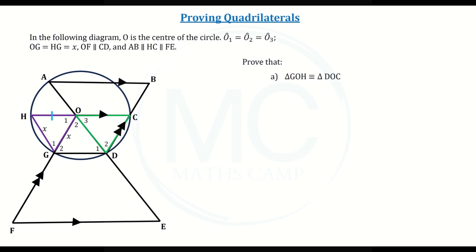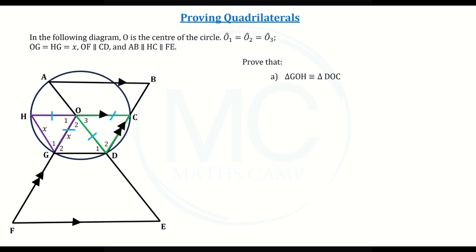OG is a line from the center of the circle to G, a point on the circumference. This is also a radius, so let's put a small blue line over here as well to show that OH and OG are the same length. OD is a radius, so let's put a small blue line over here and on radius OC as well.